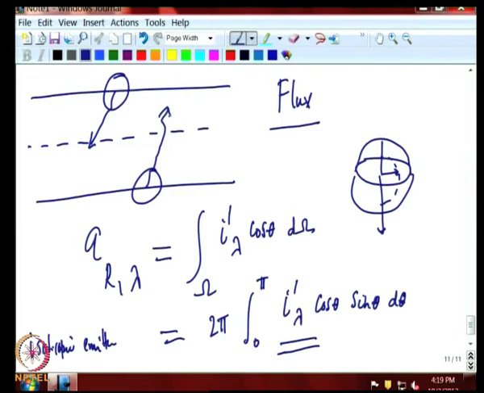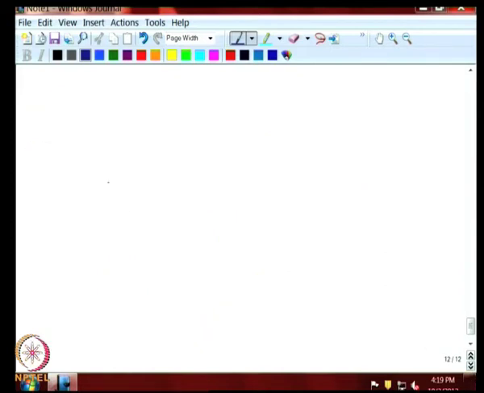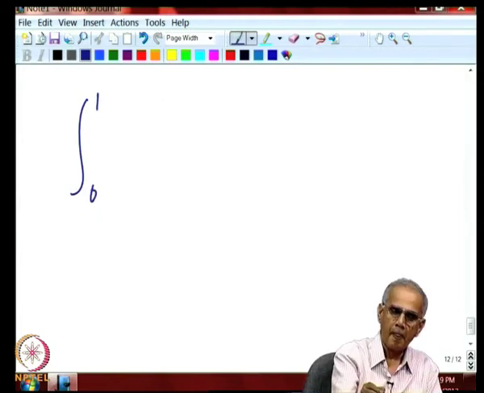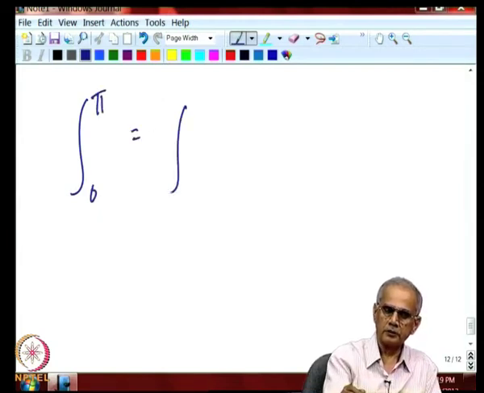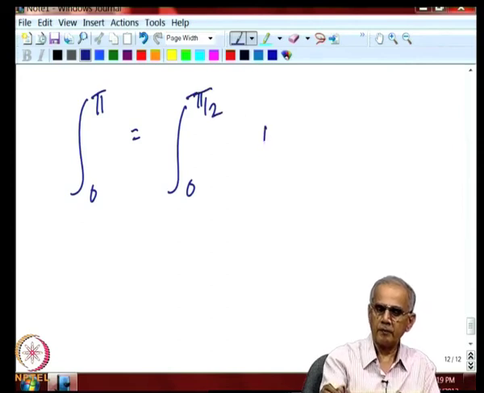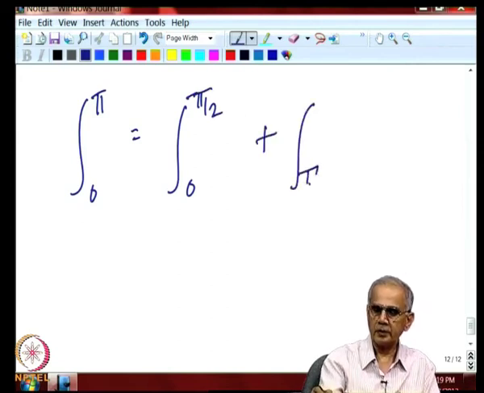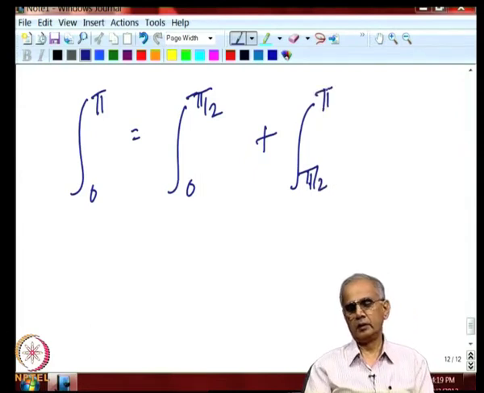So, it makes sense to split this integration 0 to pi as 0 to pi by 2 plus pi by 2 to pi.